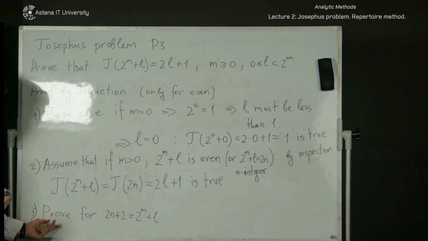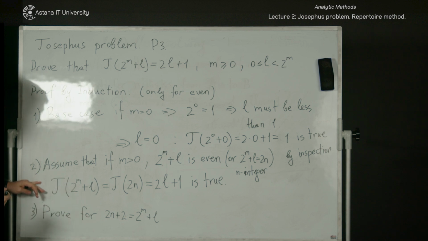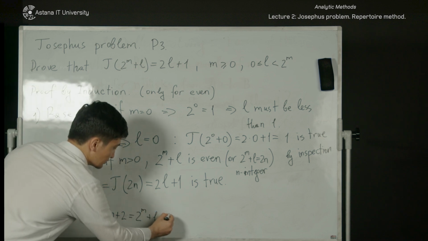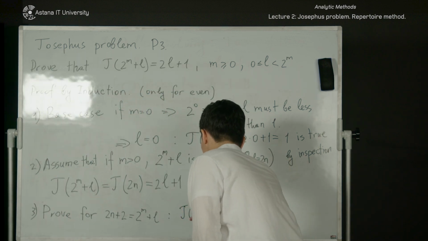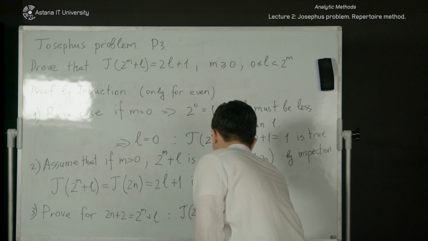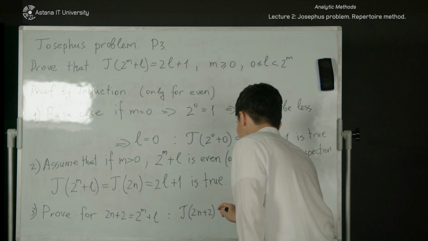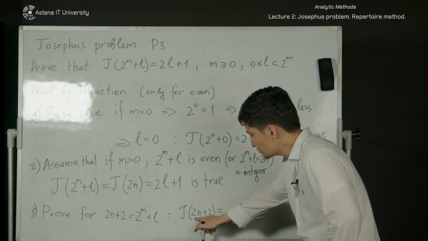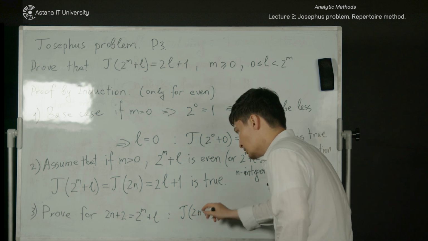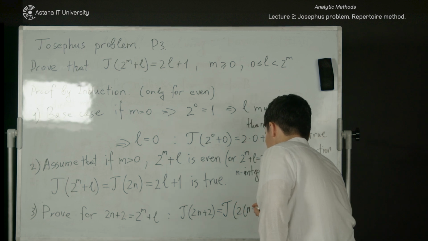So remember, when we do math induction, in the third step, we use the assumption that we made in the second step. Okay, now I'm going to start with this one, J of 2n plus 2, which is the very next even number. Now, if I move 2 outside of the brackets, but it's still inside of J, I will get 2 times n plus 1.